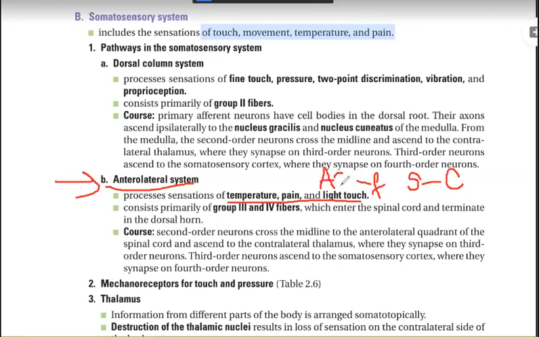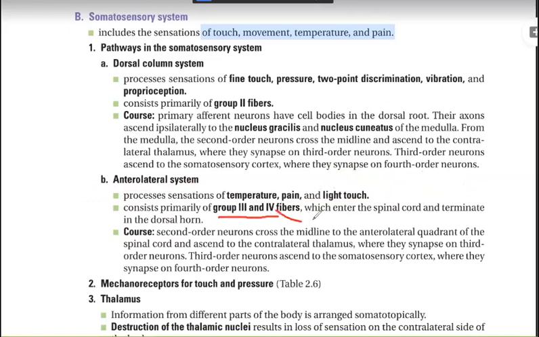We have A alpha, A beta, A gamma, and A delta fibers. So A delta fibers are taking your fast conduction, okay? And the C fibers, A, B, C, the C fibers are the slowest ones, taking your slow conduction in this anterolateral system. So just write it down in your book. It is not mentioned over here, okay? So group 3 and group 4.